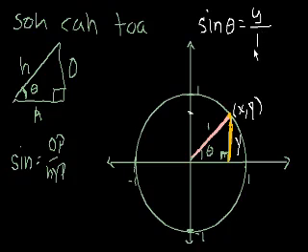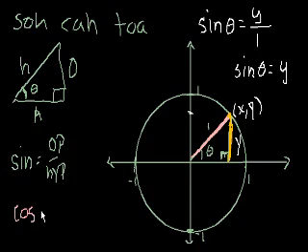And y divided by 1 is just y. So we see that sine of theta is equal to y. Let's do the same thing for cosine of theta. Well, we know that cosine is equal to adjacent over hypotenuse. Well, what's the adjacent side here?